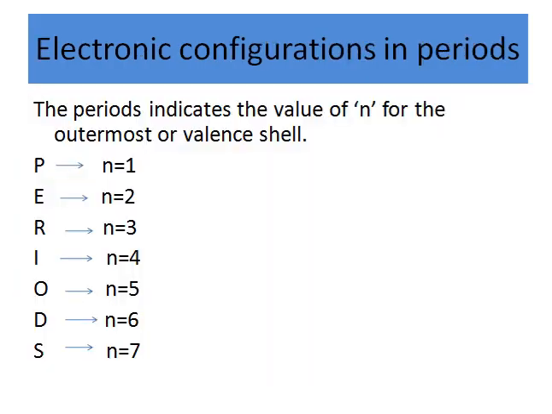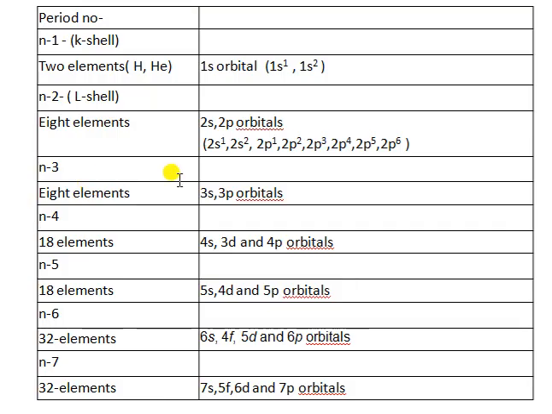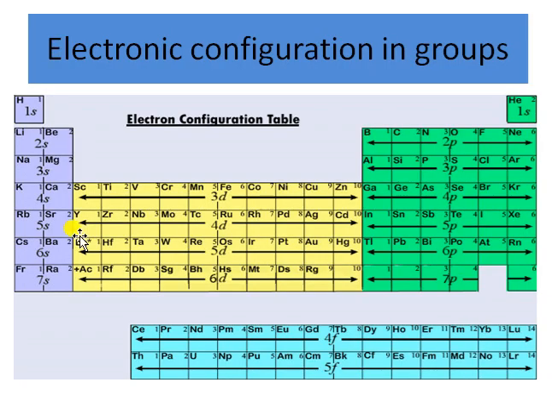Next, in period number 4 there are 18 elements present, starting from potassium. Period 4 contains elements from the s orbital, p orbital and d orbital also.